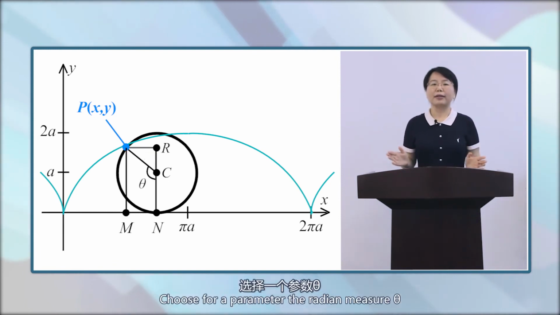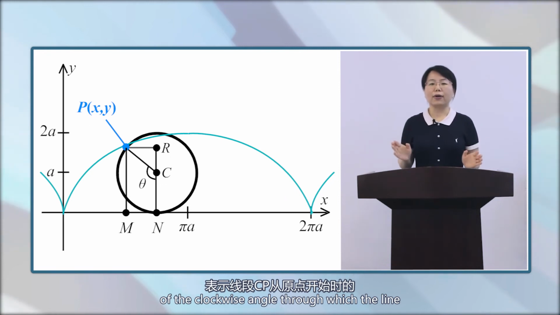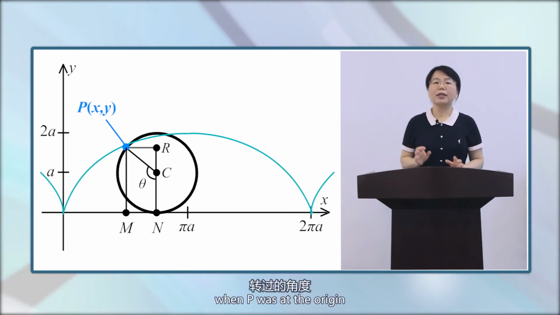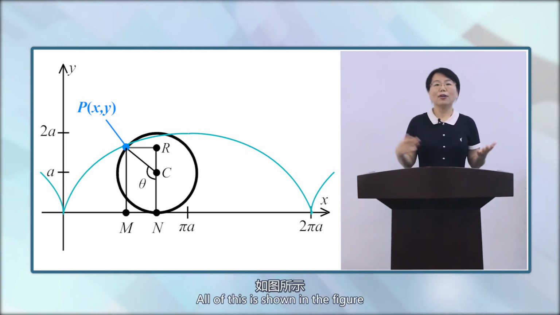Choose for parameter the radian measure theta of the clockwise angle through which the line segment CP has turned from its vertical position when P was at the origin. All of this is shown in this figure.